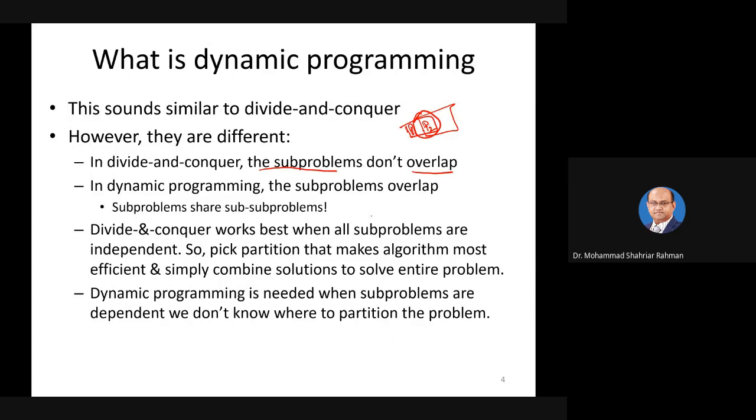So the idea behind dynamic programming is if we have such intersections, commonalities, overlappings, we then try to store this result somewhere in a table so that later when we'll use this part, we don't need to recompute it.